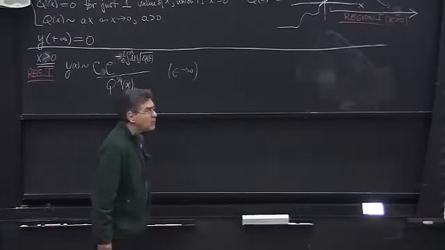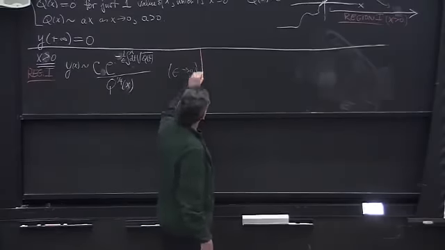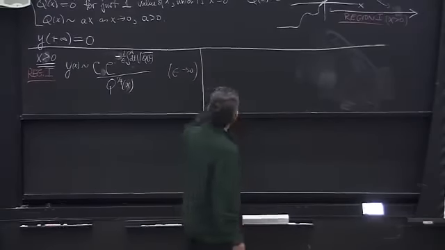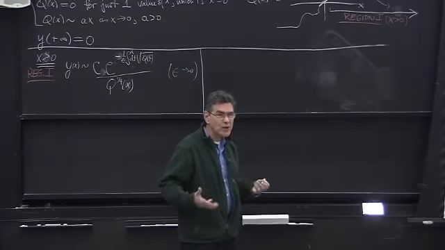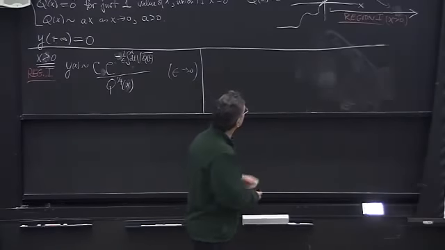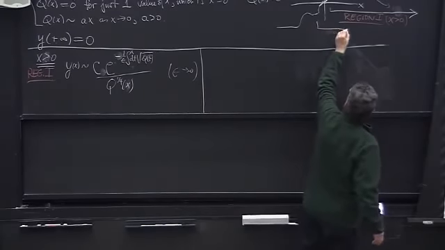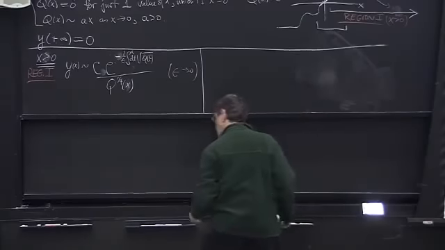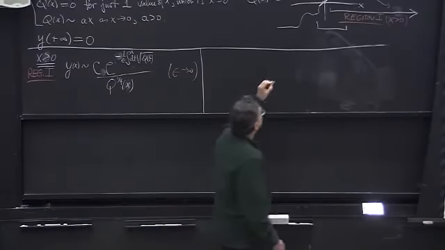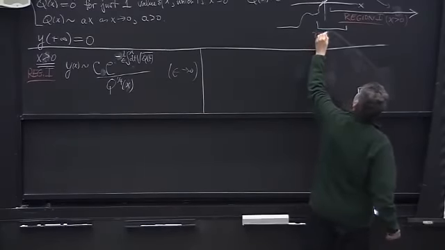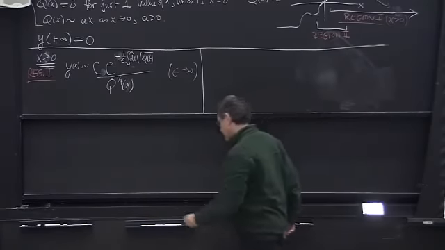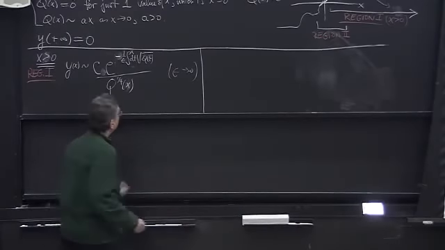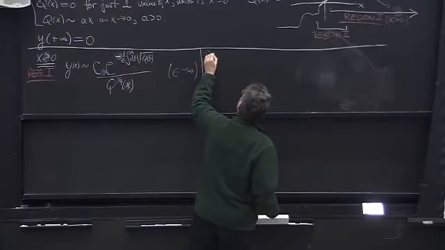Now, near 0, in some region about 0, like, for example, this region, which I'll call region 2, what do we do in region 2?